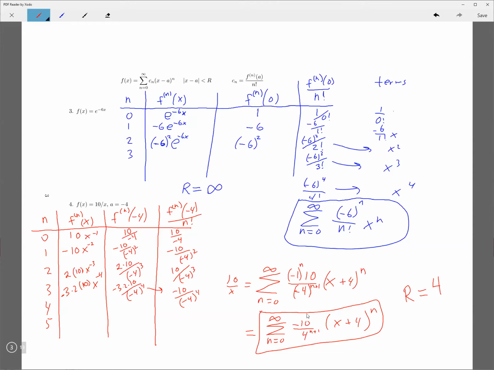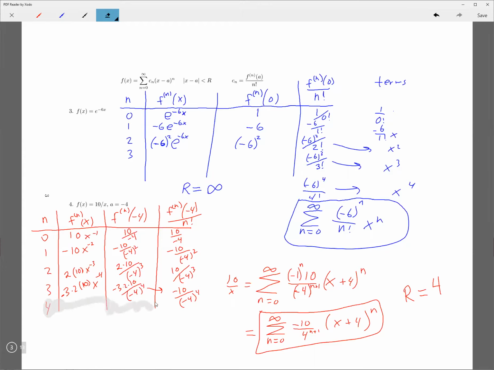Okay. Another way that you can tell in this particular problem, okay, we didn't need all that, right? We didn't need the 4 either.